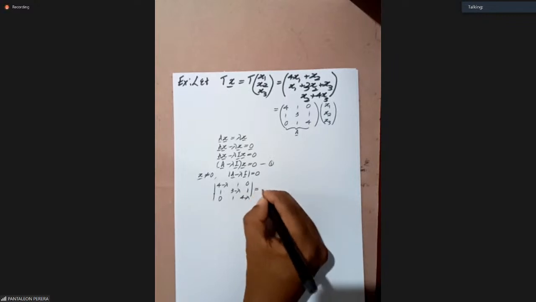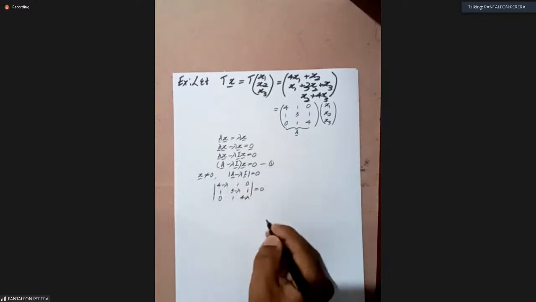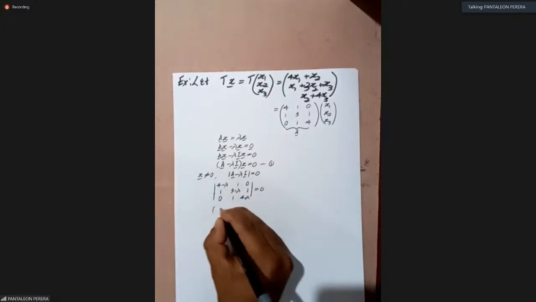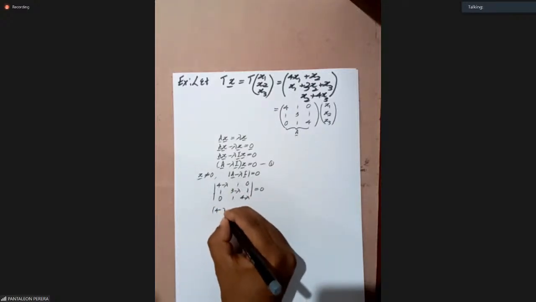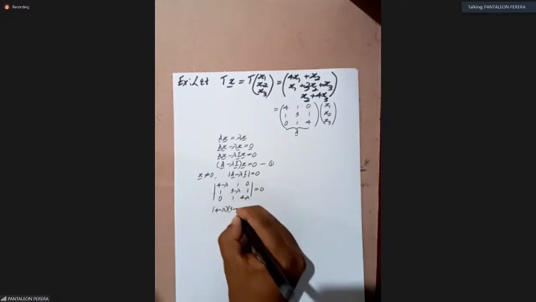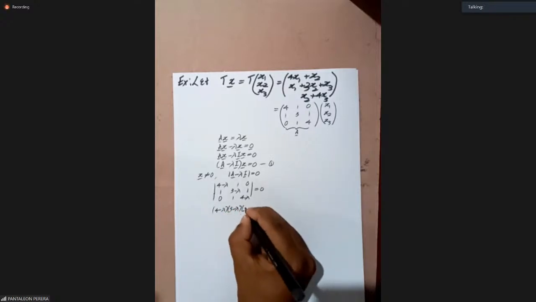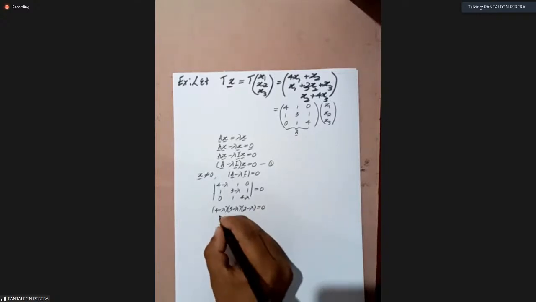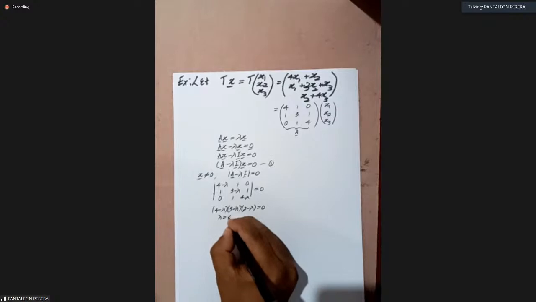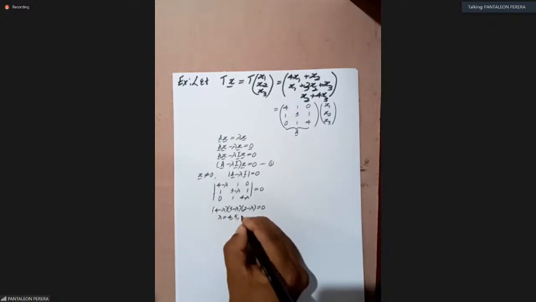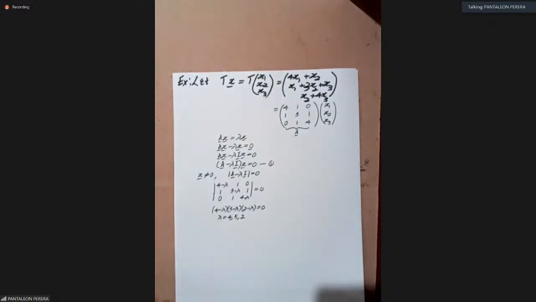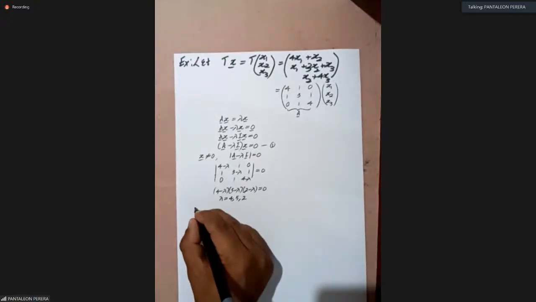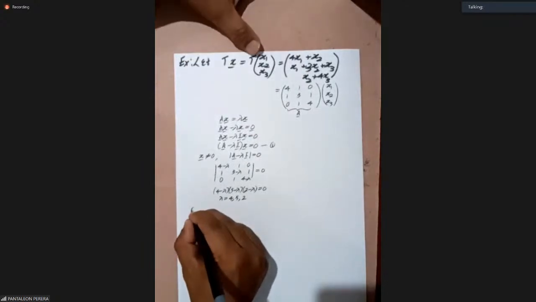From this, you get some factors like this. So you get three values: 4, 5, 2. Those are the eigenvalues.